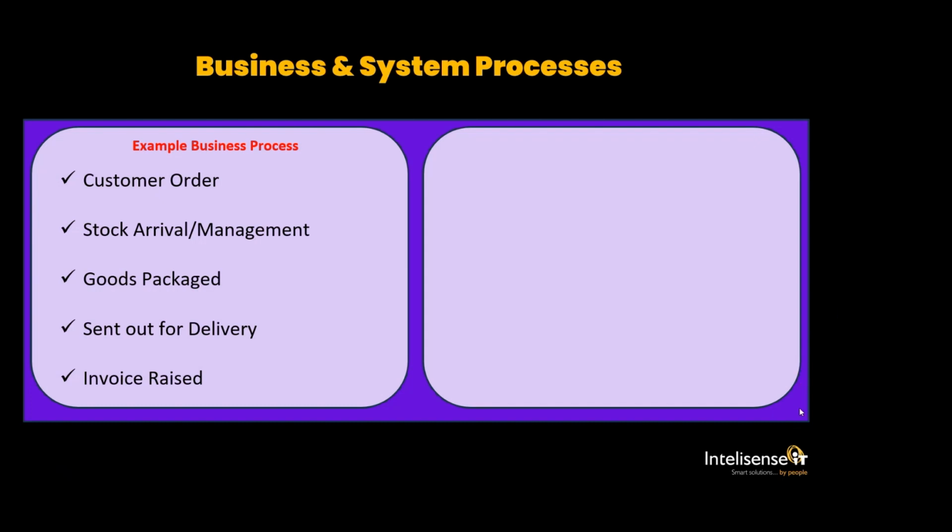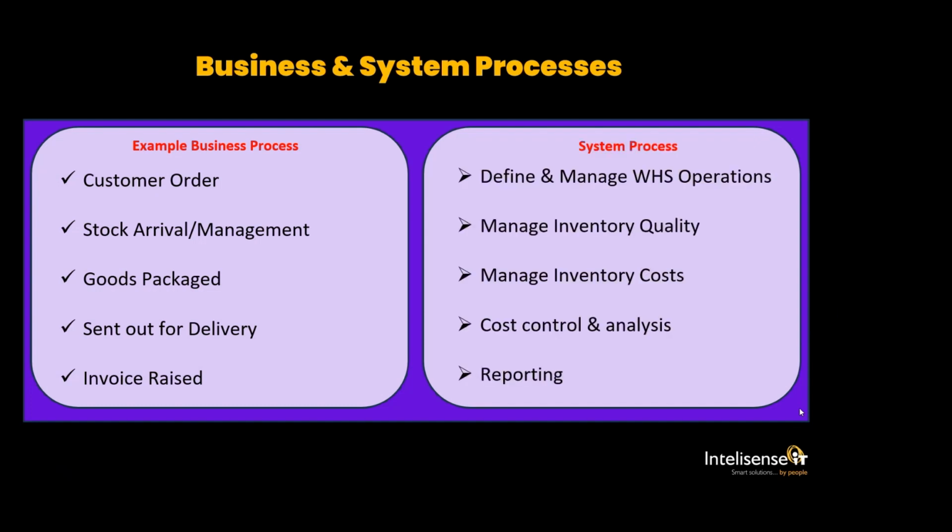Now, let's see how the business process is achieved in Dynamics 365. Typically in the system, the inventory to deliver process begins by defining the warehouse parameters and managing its operational capabilities. When the stock arrives, the system has the ability to manage and maintain its quality by having predefined quality assurance process.